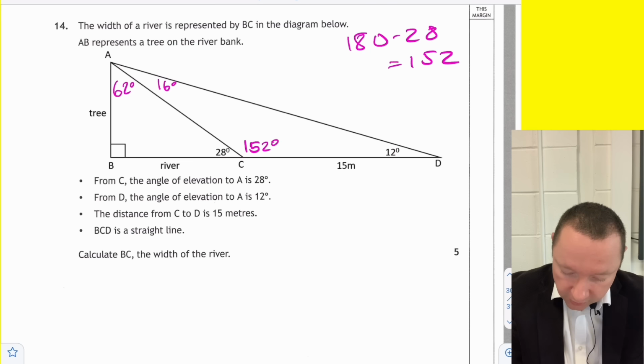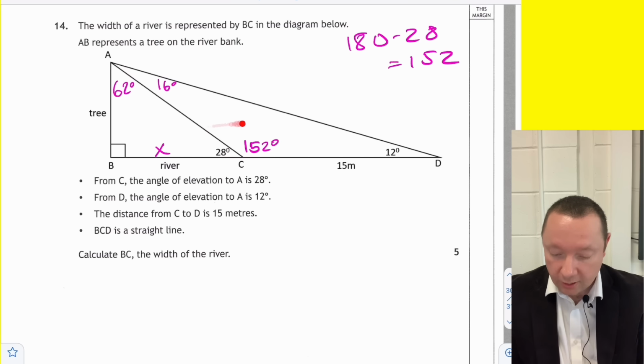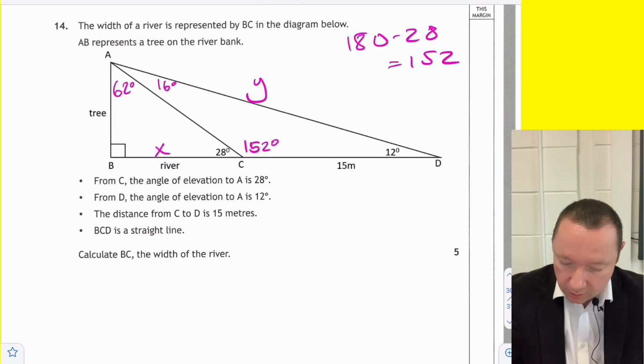So let's just check to see what we need to find. We've got the length of this side, x. So you'll notice we've got this pair, but then we've got no other pairs in this triangle. It would work. However, since we've got this triangle and this triangle, the big one makes a triangle too. Let's call that side y. So in this triangle, this angle goes with this side, and this angle goes with that one. So it is the sine rule.